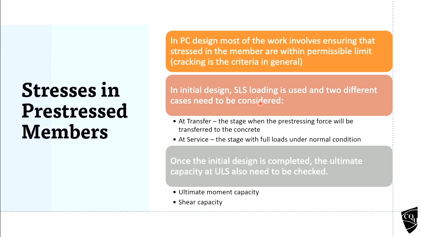To determine the prestress force and the suitable sections, we use the cracking criteria. Cracking criteria means we don't want to have any cracks, so no cracking is the criteria we are going to use. Zero cracks.